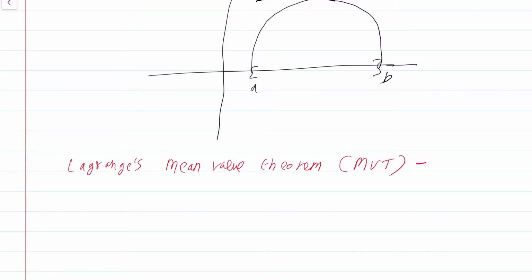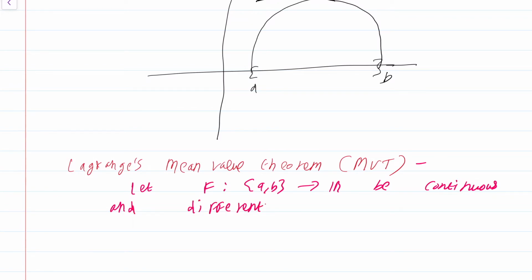Let f from [a, b] to R be continuous and differentiable. Since this is an important theorem, I'm not going to leave out any hypothesis. Let f from [a, b] to R be continuous on [a, b] and differentiable on the open interval (a, b).